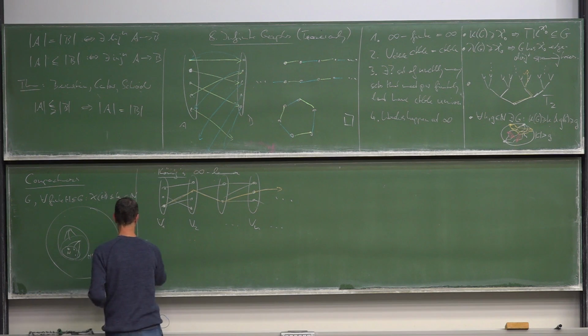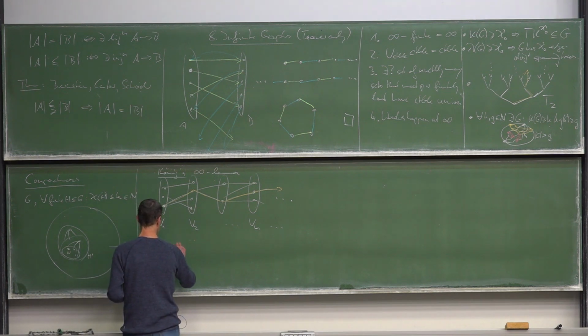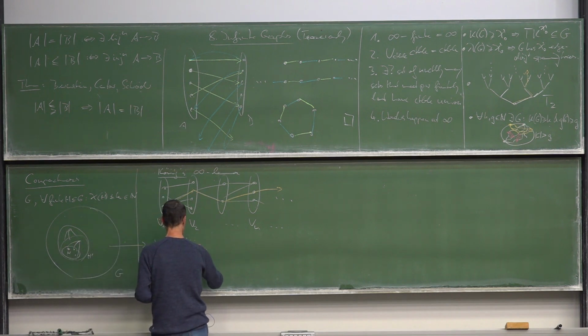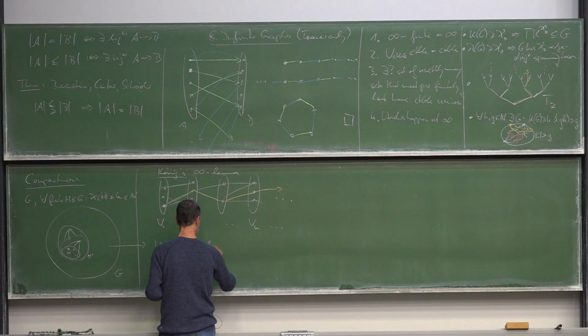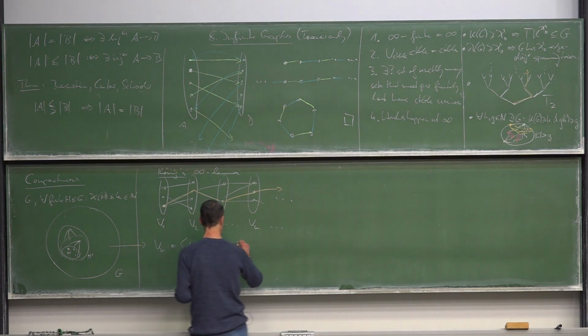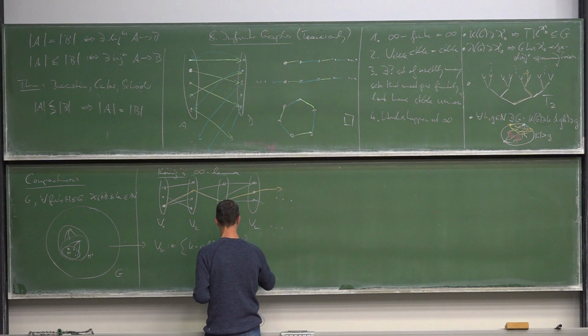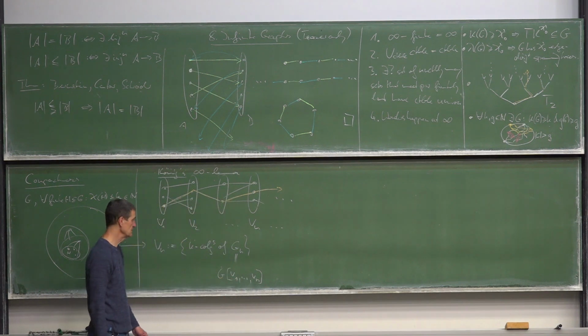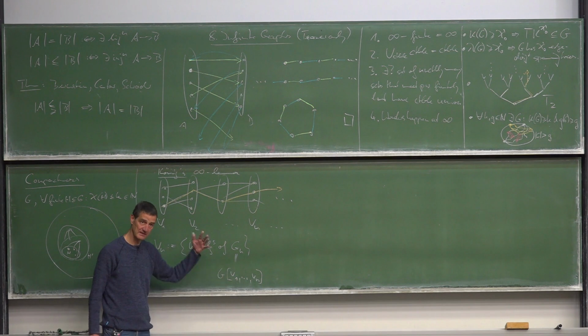Well, we take as Vn the set of all K colorings of Gn, and Gn is what the first n vertices induce in G. So I said we're in a countable graph G.